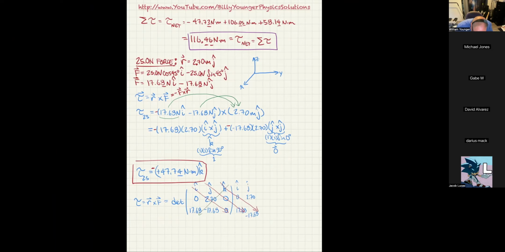So this will be minus 17.68 newtons. The minus I put in there because I'm going from the top right to the bottom left, which is the subtraction direction, times 2.70 meters times K hat.